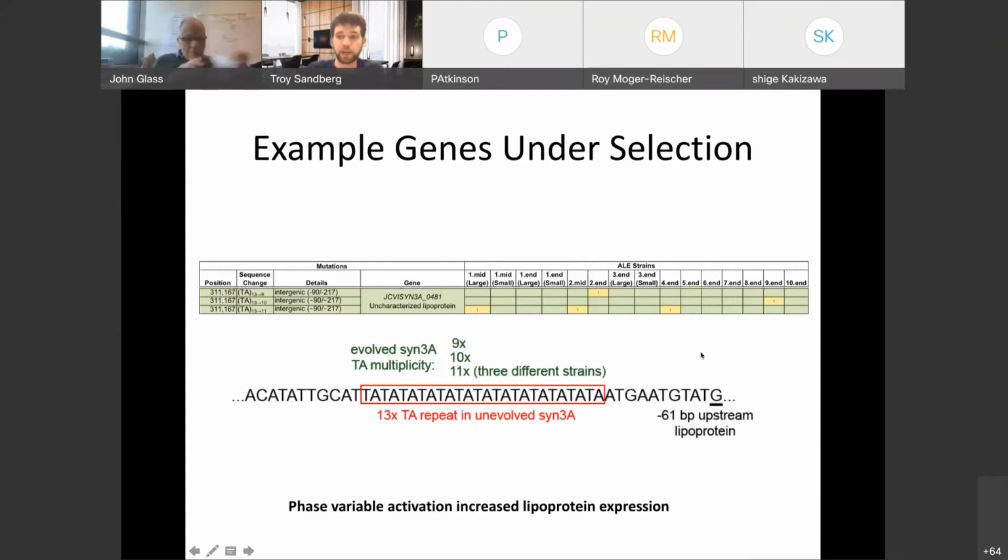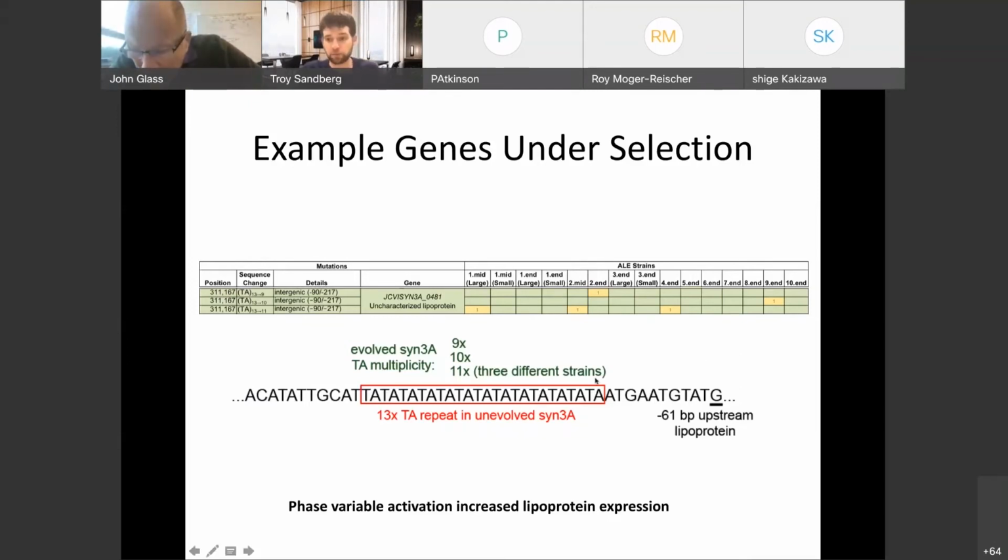This is a form of phase variation where, unlike SNPs or indels, these slip strand mispairings that cause expansions or contractions of these repeats occur at a much greater frequency mutationally. And so strains are able to find them more quickly. So it's 1, easier to get, and 2, if it provides a selective advantage, then that's going to win out in the population.